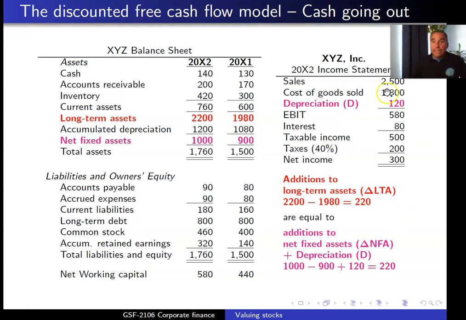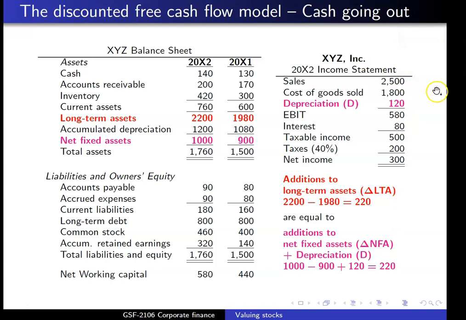Correct? Okay, note that we can obtain this value differently. If we take net fixed assets, the additions to long-term assets is equal to 220. This number, 220, is equal to additions to net fixed assets plus depreciation.